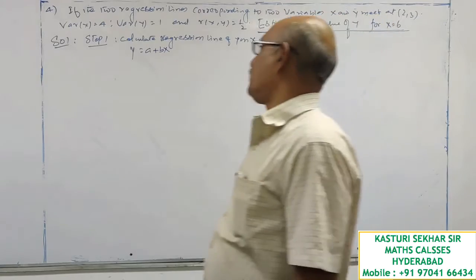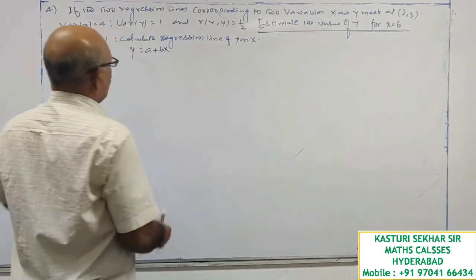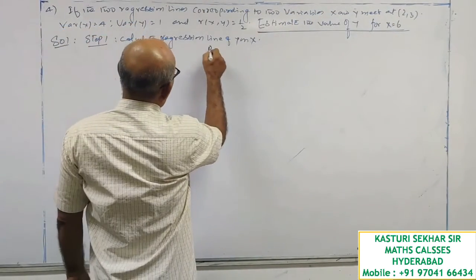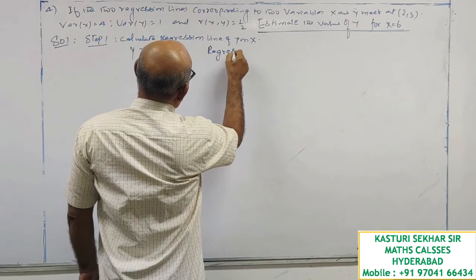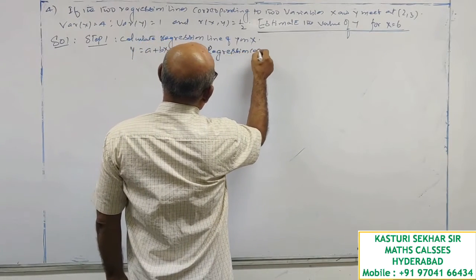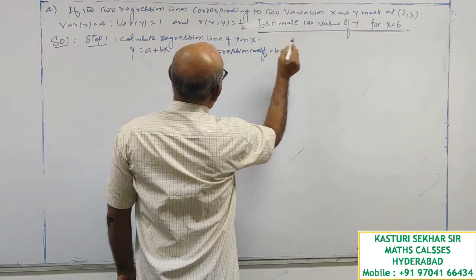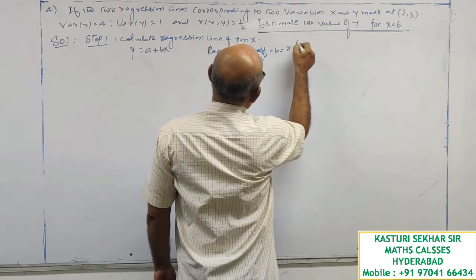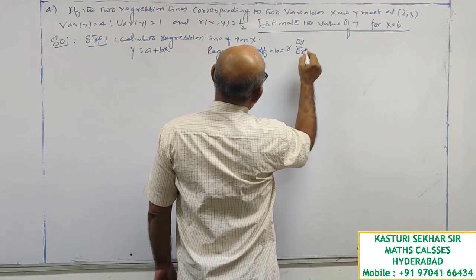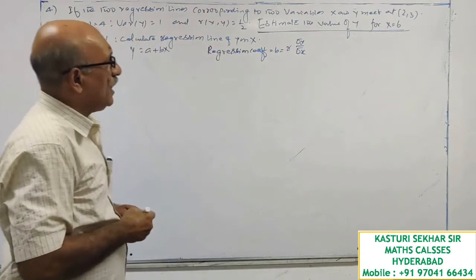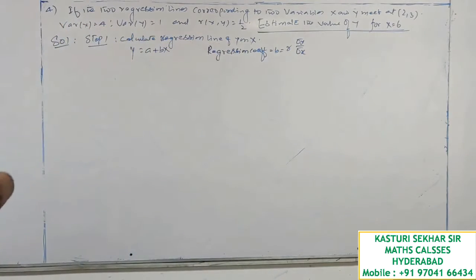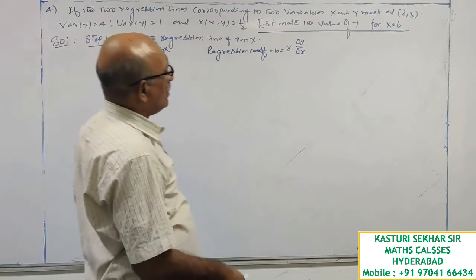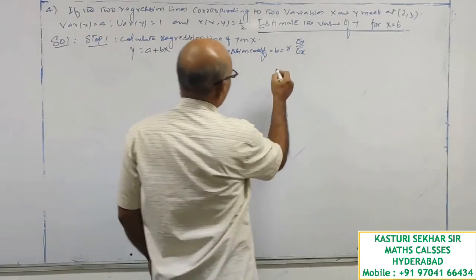The b value is required. So the regression coefficient b is equal to r into standard deviation of y by standard deviation of x.